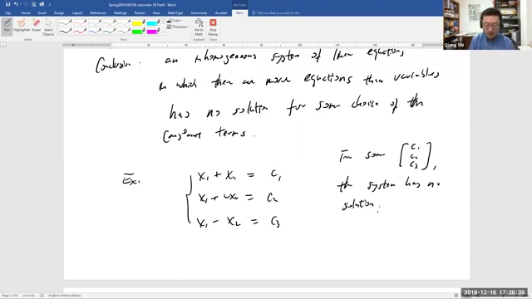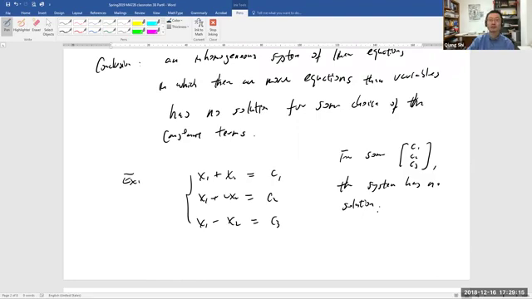But on the other side, if you put c1 and c3 equal to 0 and the second one equal to a non-zero number, well, the first and third equations force x1, x2 equal to 0.